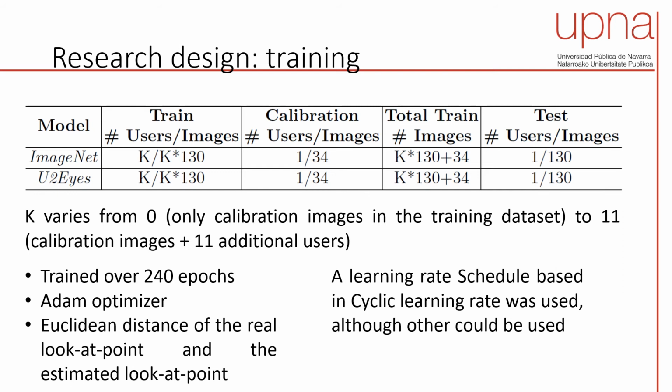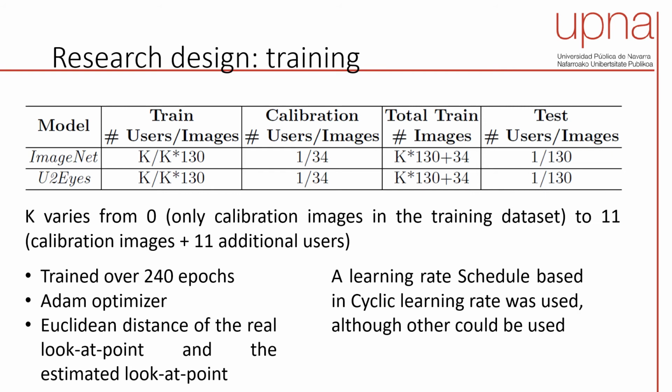A summary of this training process can be seen in the next table. The K parameter varies from 0 to 11, where 0 indicates that none of the subjects of the E2HEAD dataset has been included, except for the user to be calibrated, and 11 indicates that all additional subjects are present in the training phase. Each additional user adds 130 images to the training dataset.